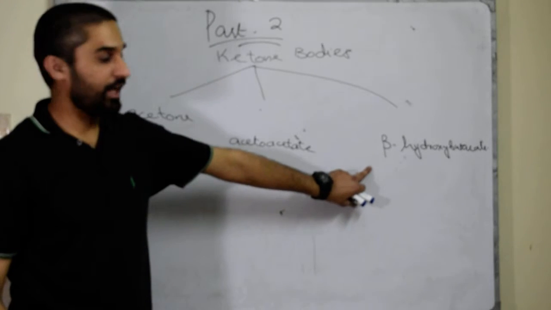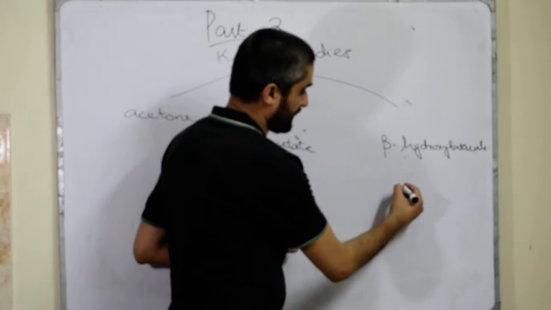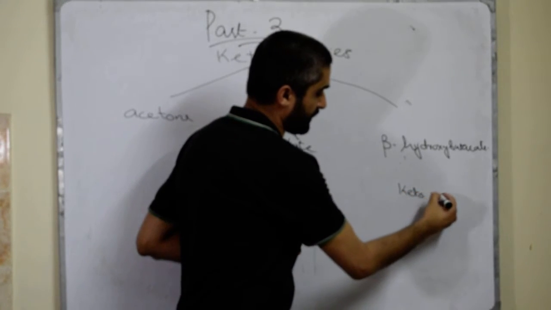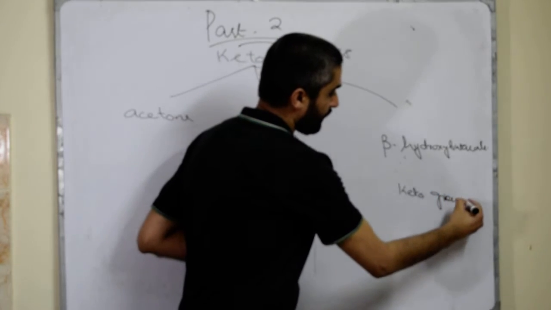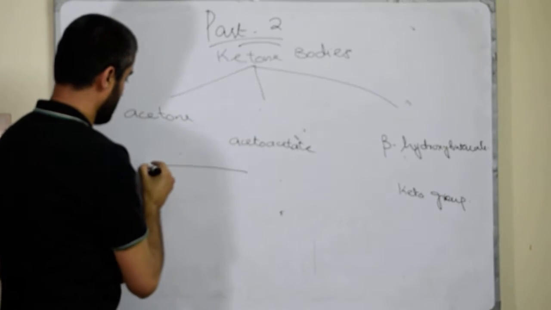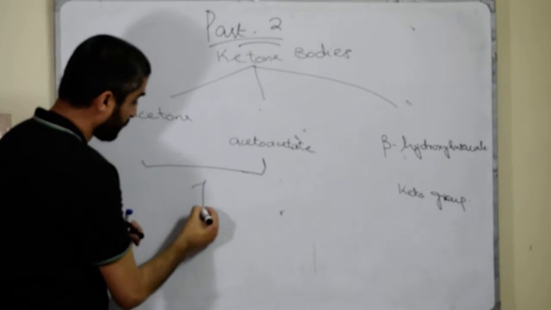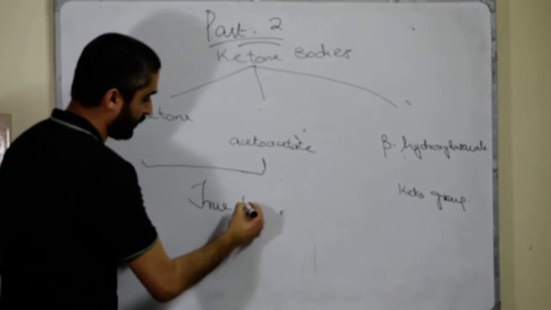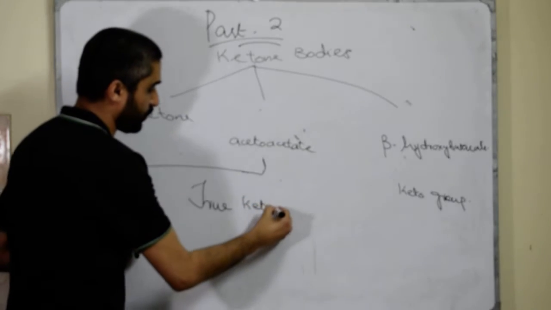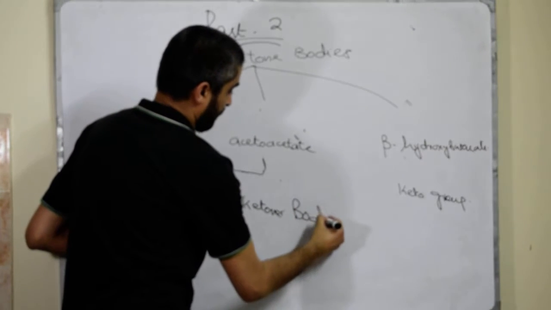Because beta hydroxybutyrate does not possess a keto group, and these two both possess a keto group, these are called true ketone bodies.